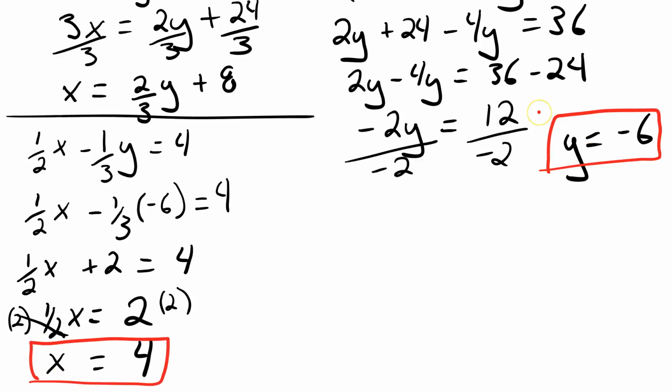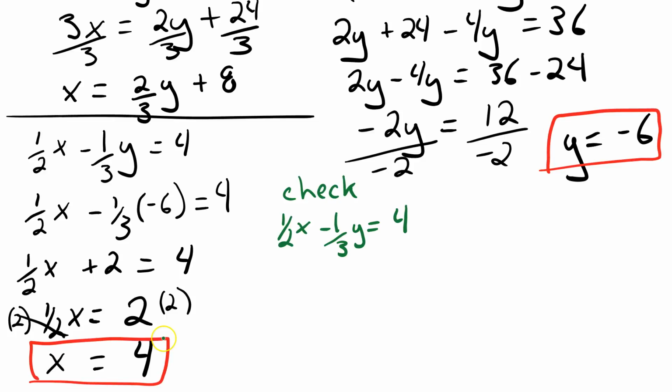So my coordinate points that satisfy both equations are an x of 4, y of negative 6. Let's do a quick check to make sure that I've got my answers. My first equation is 1/2 x minus 1/3 y equals 4.